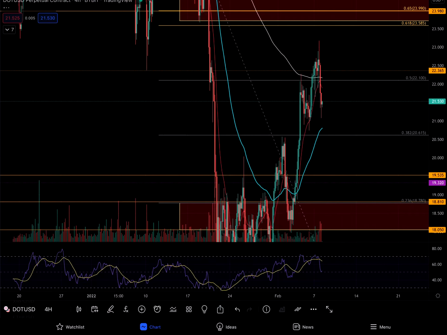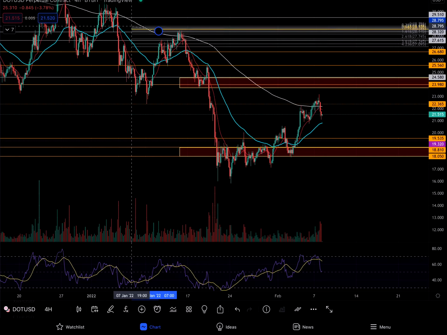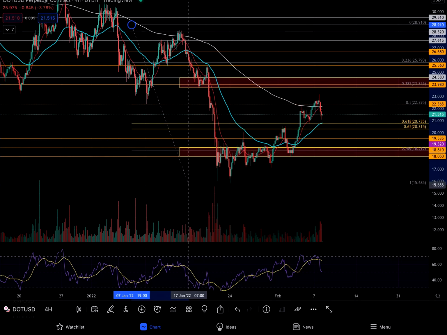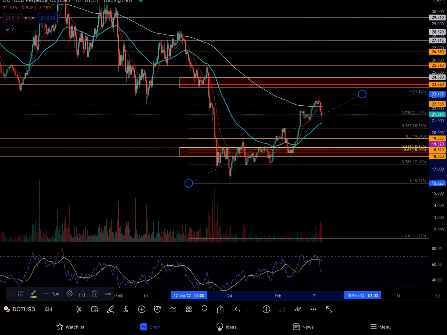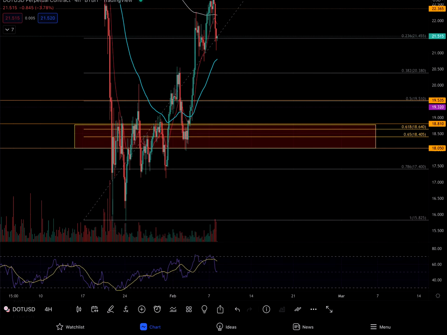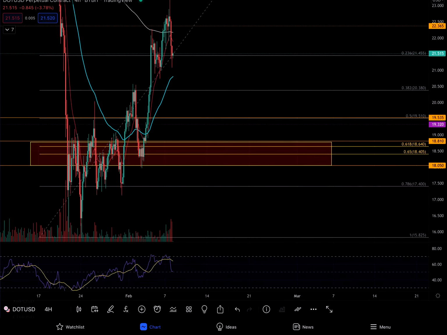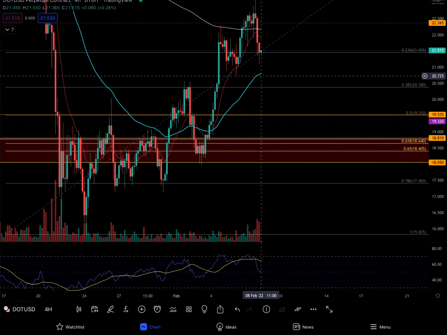So let me move my fib back to low to high, because I feel like we're going to come back down and hit this area, this box of support. I could be wrong. We might catch support here on the 50 moving average instead.